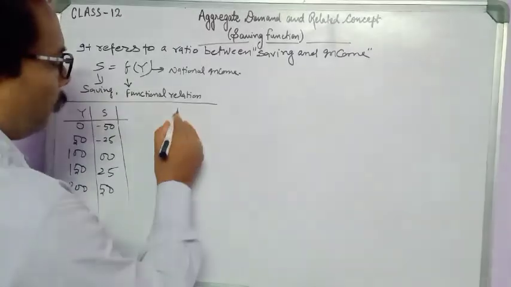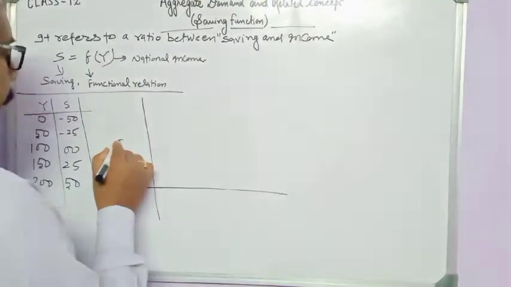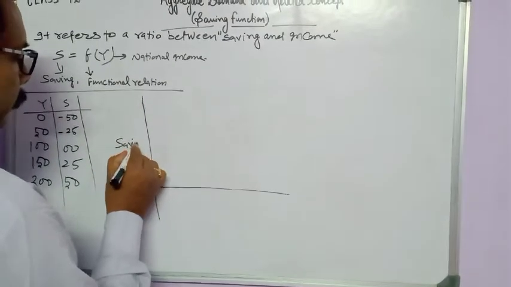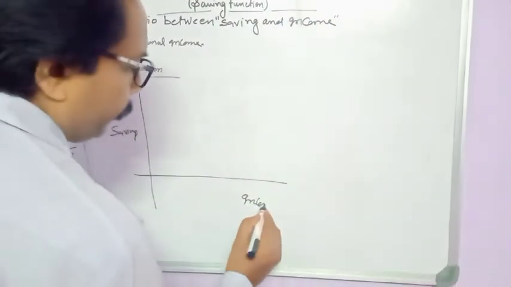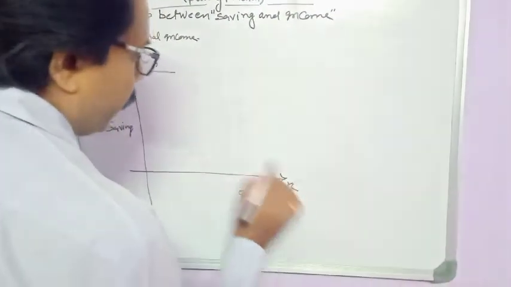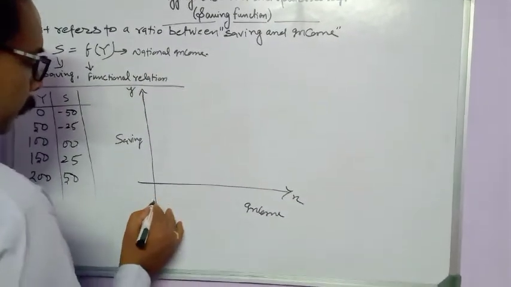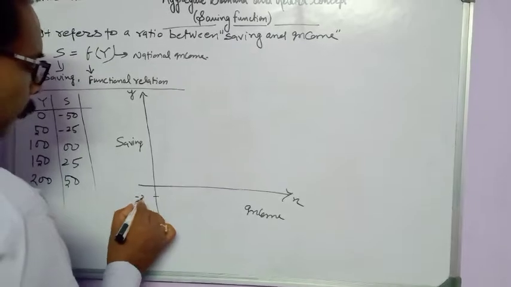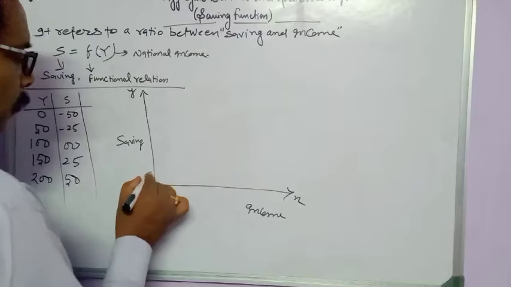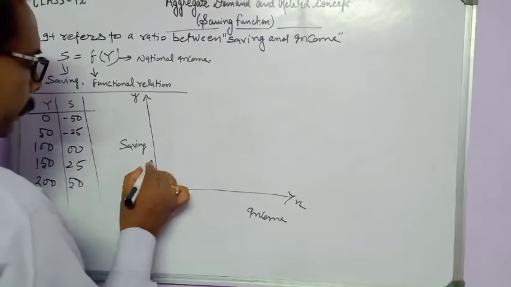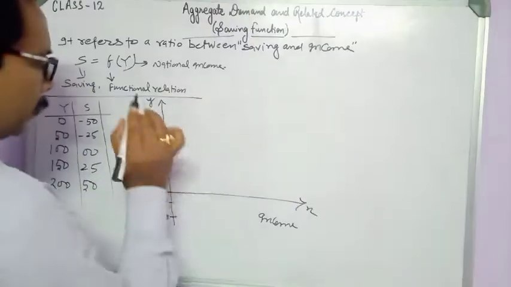On the y-axis we will take the saving, and on the x-axis we will take income. So this is our x-axis and this is our y-axis. Let that be minus 25, next minus 50, and so on. It is 25, 50, 75, and so on.